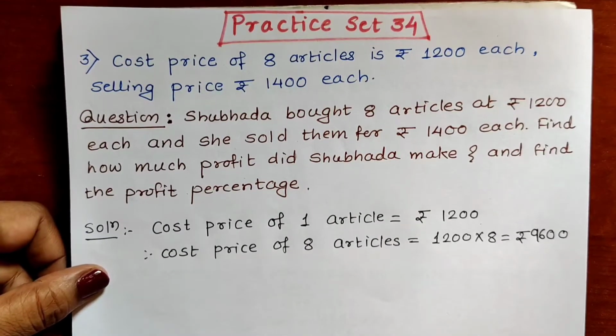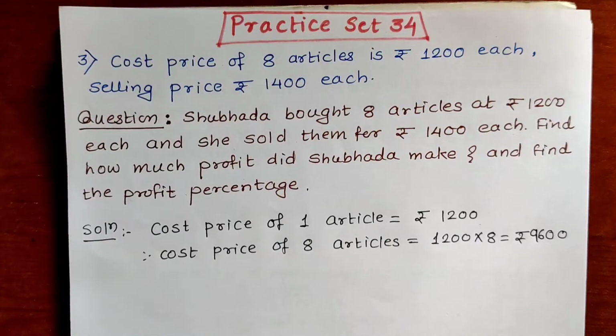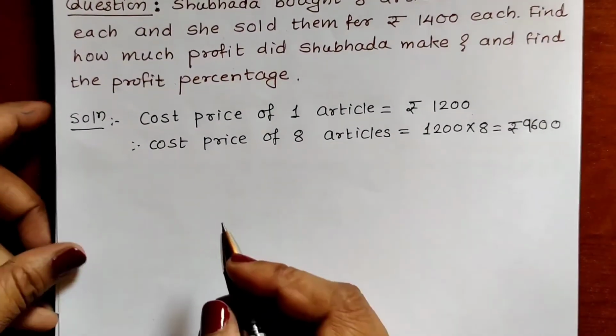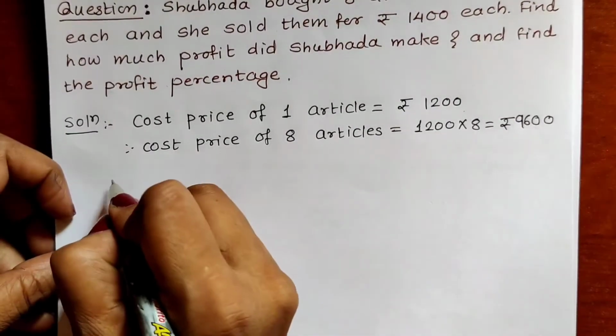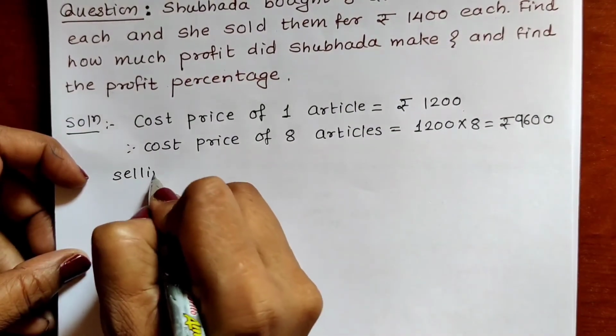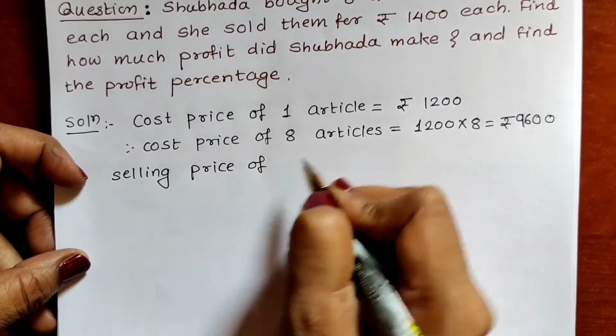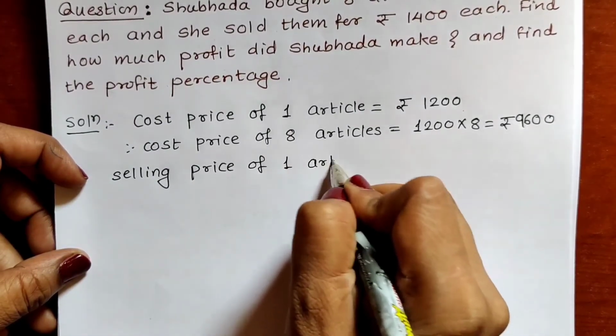Now we have to find out the selling price. So let us solve. First write the selling price of one article.